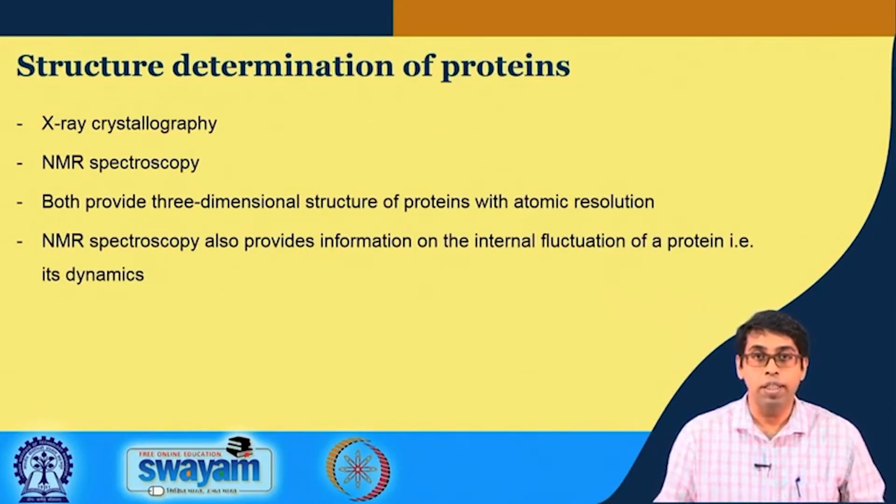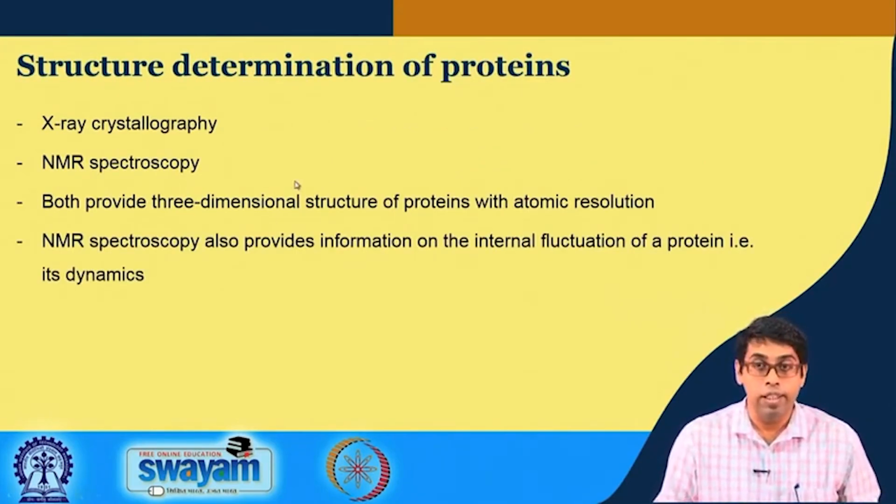If you want to determine structure in high resolution, then there are two experiments. One is X-ray crystallography and the other one is NMR spectroscopy. Both these experiments need a lot of expertise and take a lot of time, but they provide you the three-dimensional structure of proteins with atomic resolution.